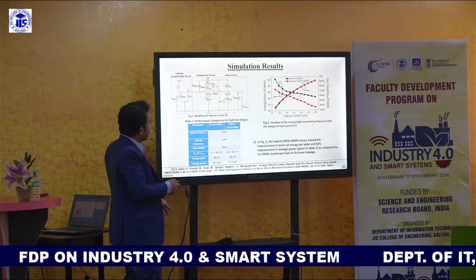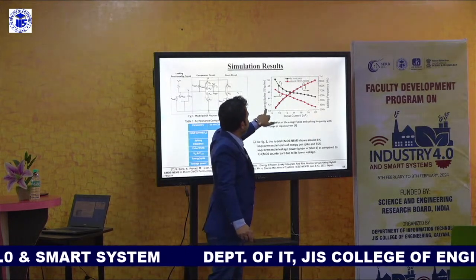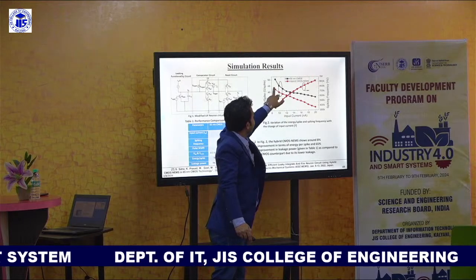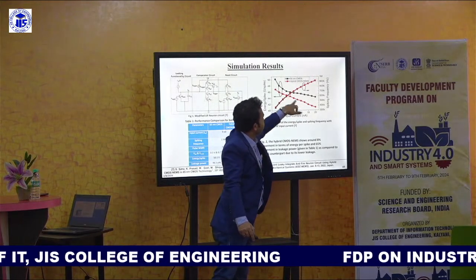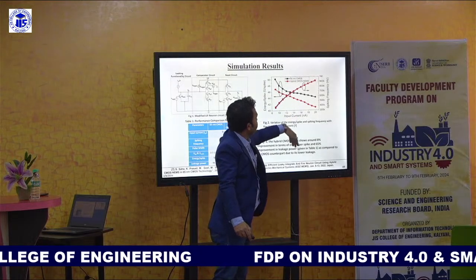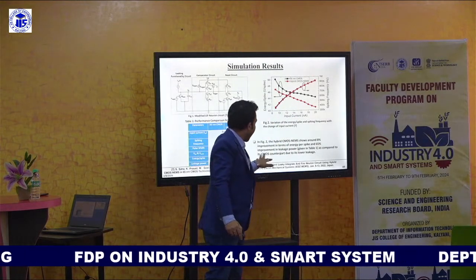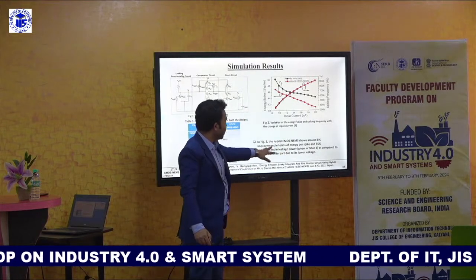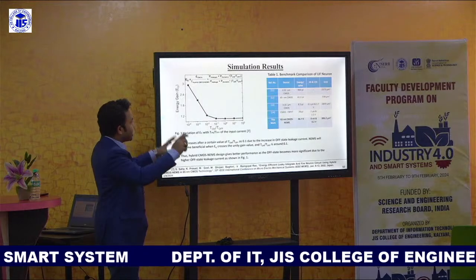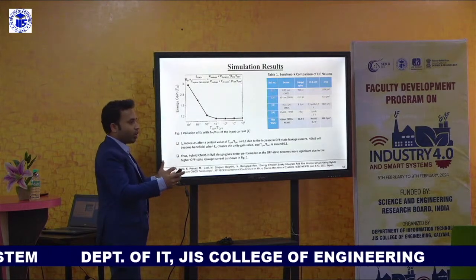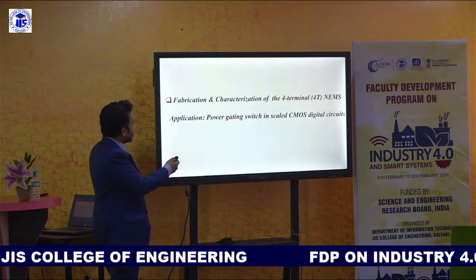The result is basically, if you see the energy per spike, this black one is with CMOS, and this is the big one. It is a large reduction. We have claimed some 8% improvement if you use this. So we touched upon all the possible applications. And the last one is the 40.